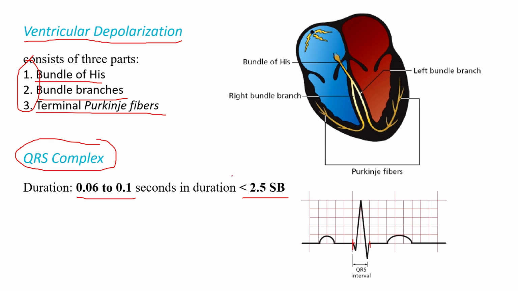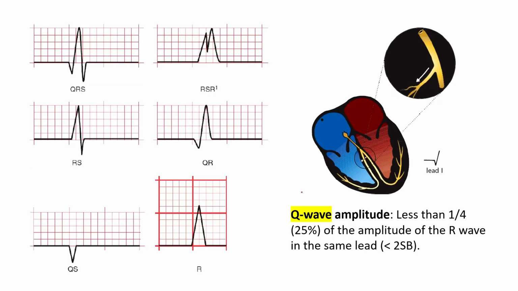That's why we only talk about the amplitude in detail, and its criteria, in the case of left and right ventricular hypertrophy. So I will not waste time here with QRS complex amplitude. I hope that's clear.